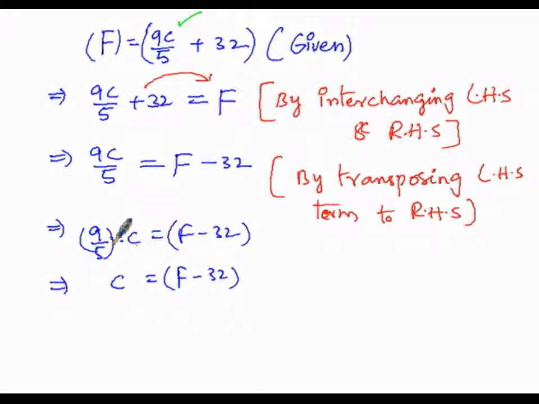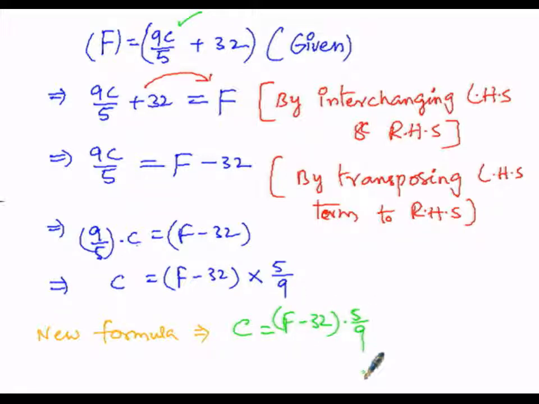In other words, here into 9 by 5, when it is transposed to the other hand, instead of dividing, when I write into, then automatically 9 by 5's reciprocal, 5 by 9, comes on the other hand. In this manner I got the new formula: C is equals to F minus 32 into 5 by 9.